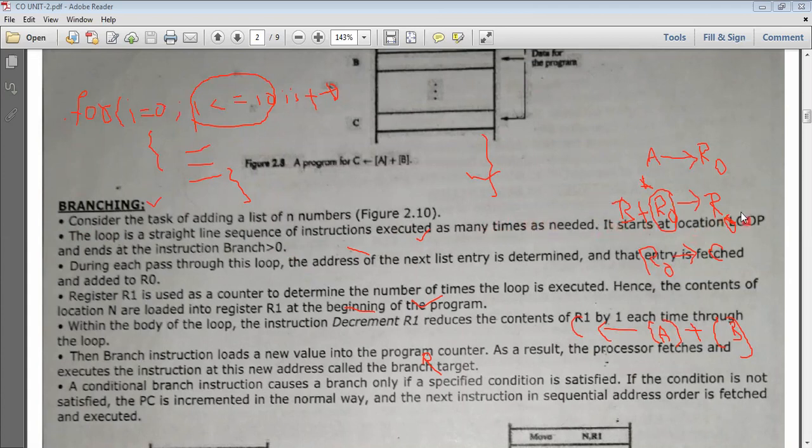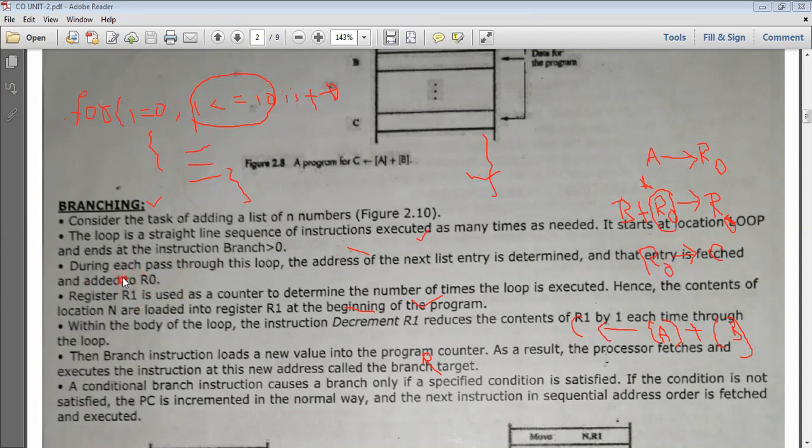It starts at location loop and ends at the instruction branch if greater than 0. During each pass through this loop, the address of the next list entry is determined, and that entry is fetched and added to R0.